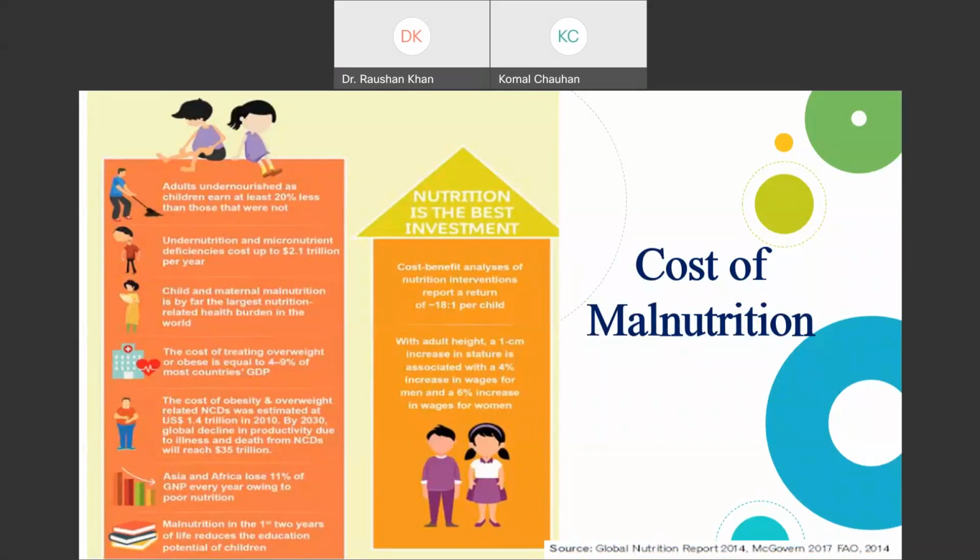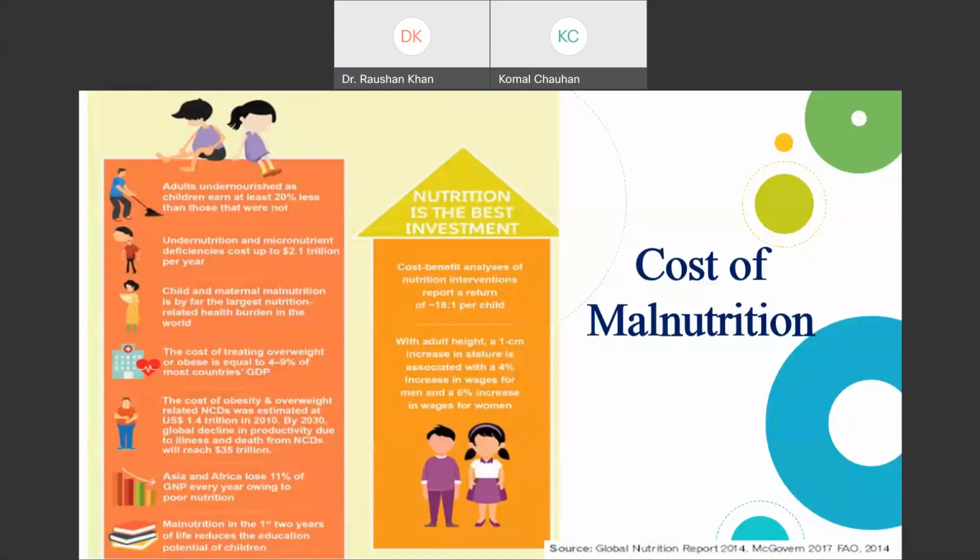So yes, undernutrition and micronutrient deficiencies can cost up to $2 trillion per year. This is global data. And child and maternal malnutrition is by far the largest nutrition-related health burden in the world. The cost of treating overweight or obesity is equal to 4 to 9% of most countries' GDP.